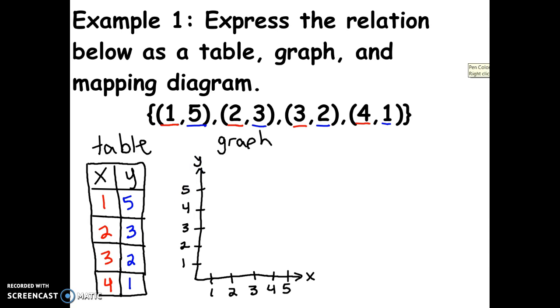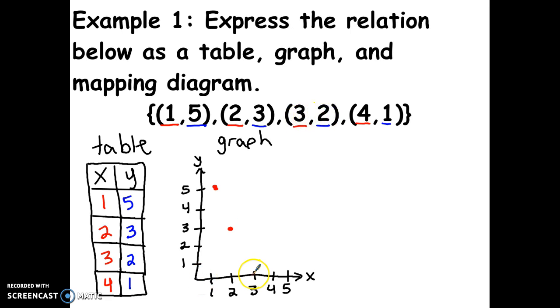Okay, so when we go to plot these points, we're just going to start with the first one. We have 1, 5. Always look along the x-axis first. So let's find the number 1 on the x-axis and go up to 5 on the y-axis. 2, 3. Let's go over to 2 on the x-axis and up to 3 on the y-axis. 3, 2.